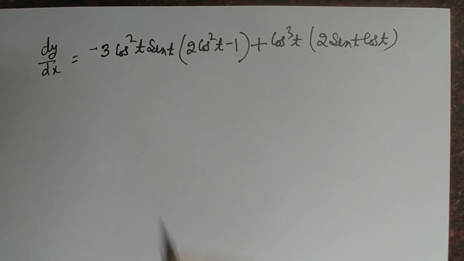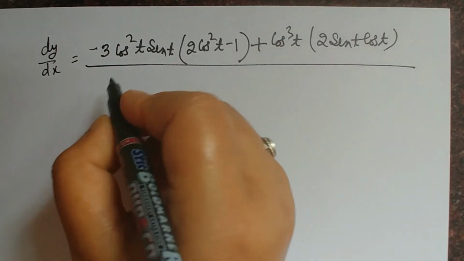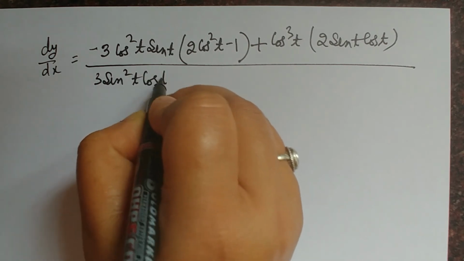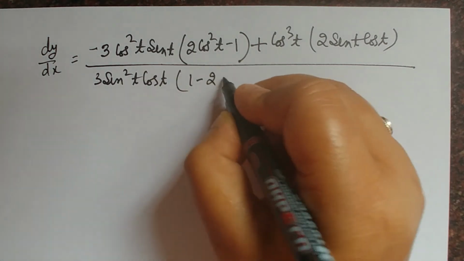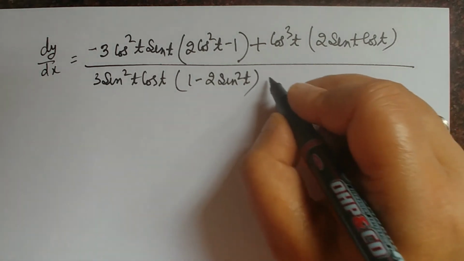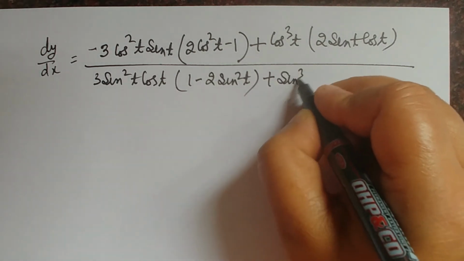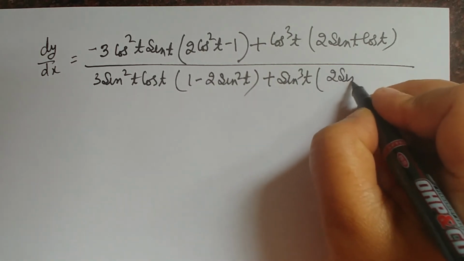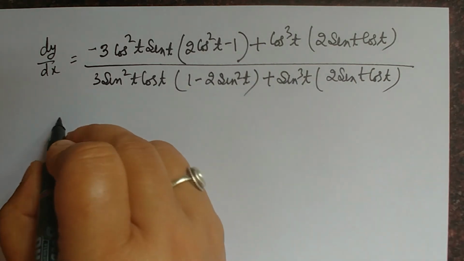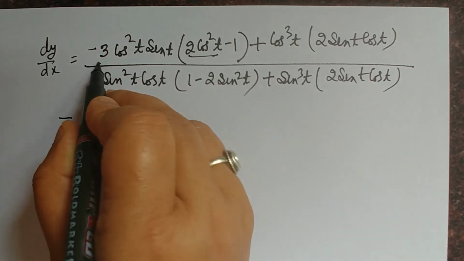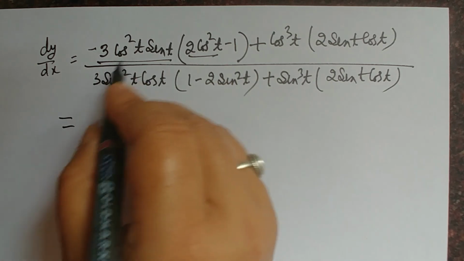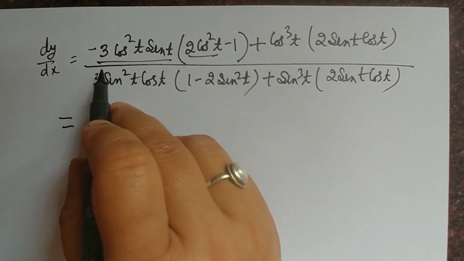Okay, and the denominator is your 3 sin square t cos t, and cos 2t will be opened as 1 minus 2 sin square t. Okay, and it is your sin cube t, and this is again 2 sin t cos t. Okay, let us open everything. See, firstly I'll multiply this with this and then minus 1 with this. So please go for it carefully. Observe carefully how I am going.